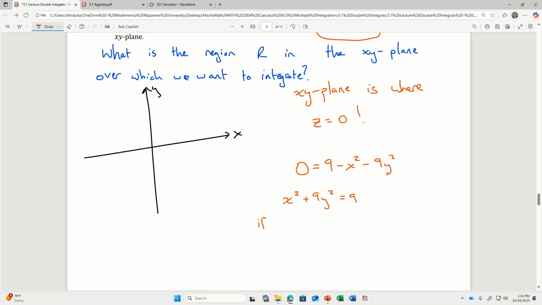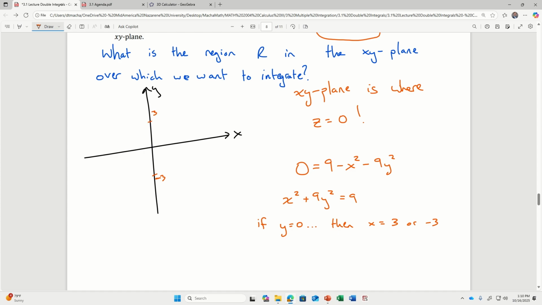And suppose y is equal to 0, then x is equal to what? Yeah, 3 or negative 3. There's negative 3. Here's positive 3.